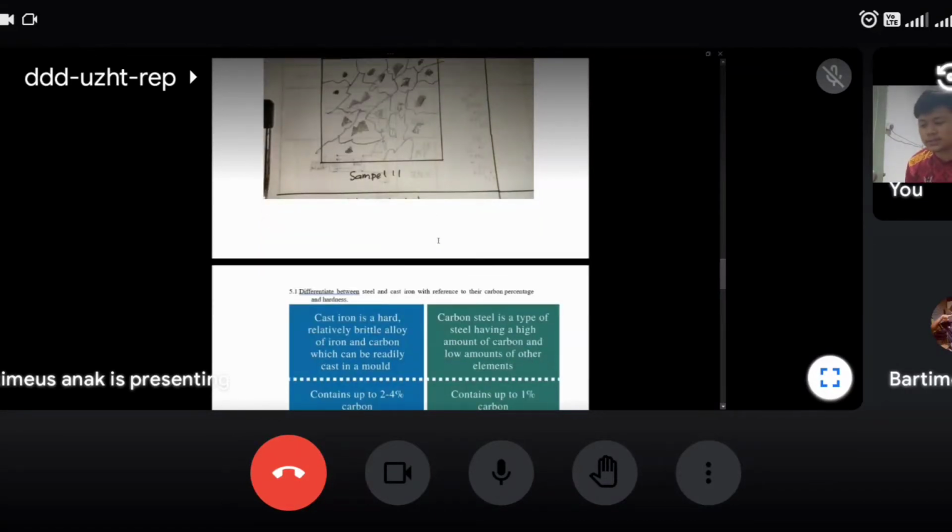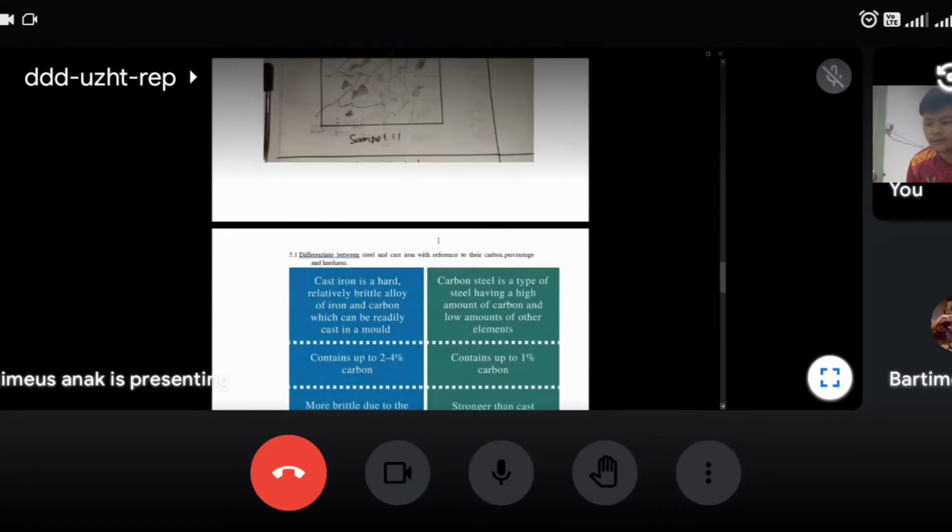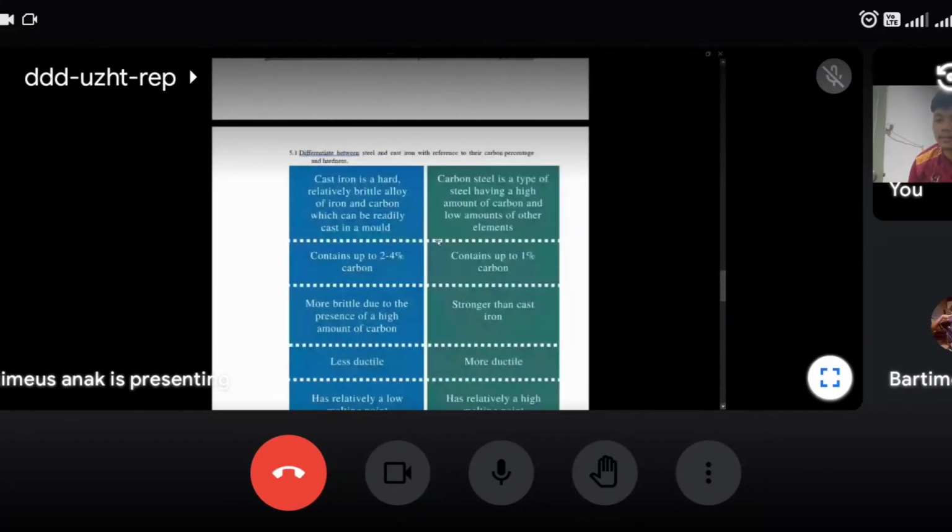Differentiate between steel and cast iron with reference to their carbon percentage and hardness. Cast iron is a hard, relatively brittle alloy of iron and carbon which can be readily cast in a mold. But carbon steel is a type of steel having a high amount of carbon and a low amount of other elements.